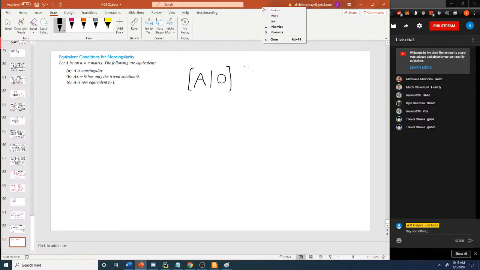Hold on for 1 second. Maybe I want to denote this slightly differently. So suppose AX equals 0 has a non-trivial solution.